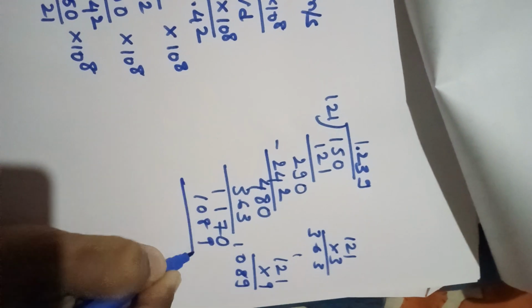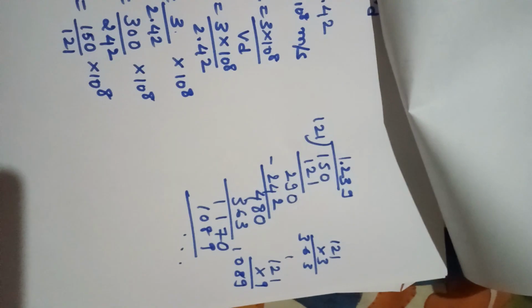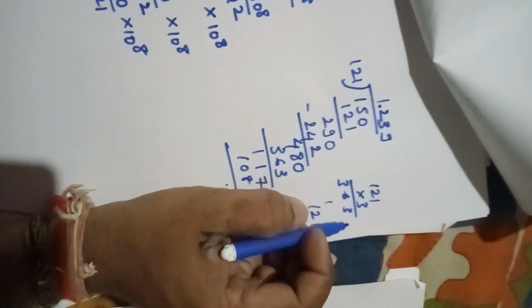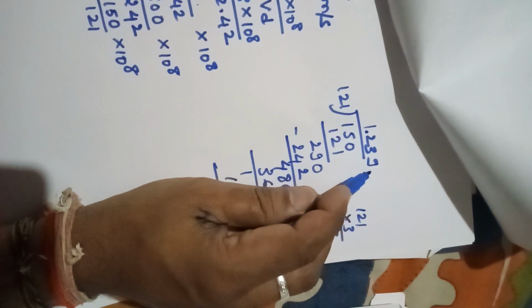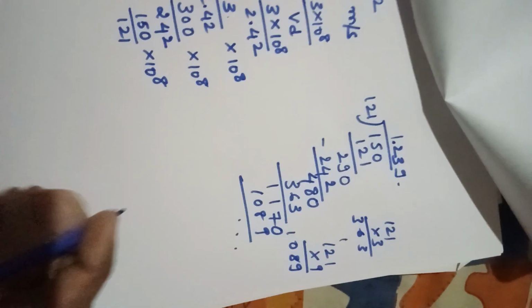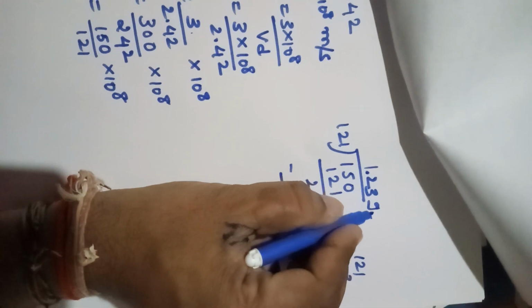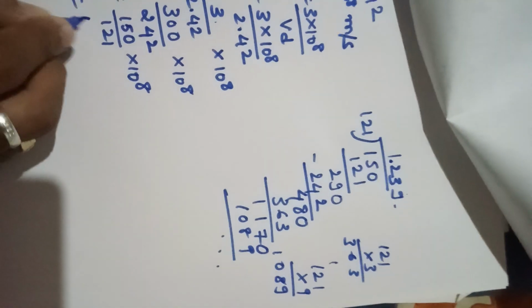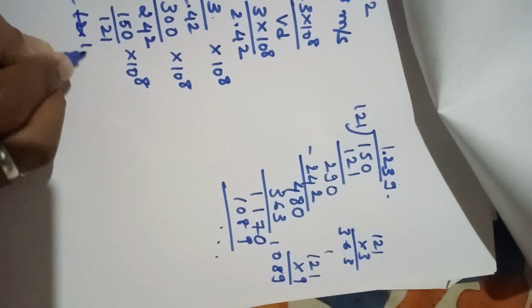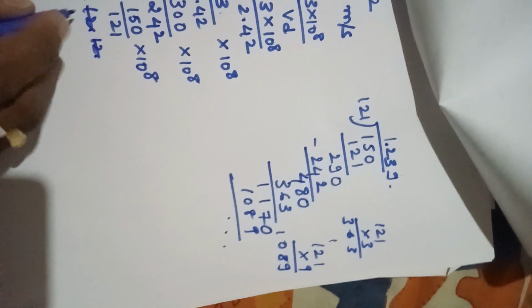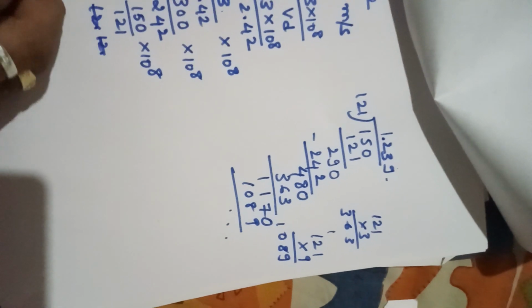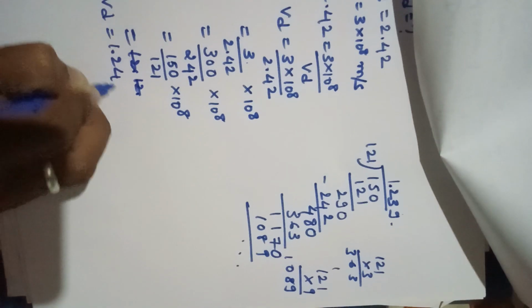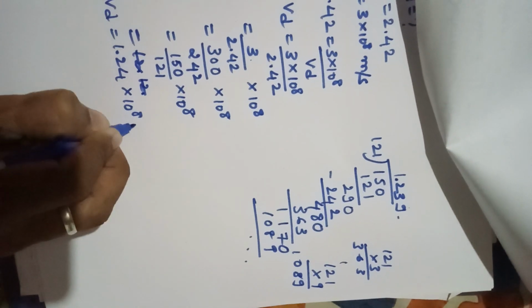This process continues like this, and it will be a non-terminating, repeating decimal expansion in the place of the quotient. So 1.239 can be rounded off as 1.24. So the value of vD is 1.24 into 10 power 8 meter per second.